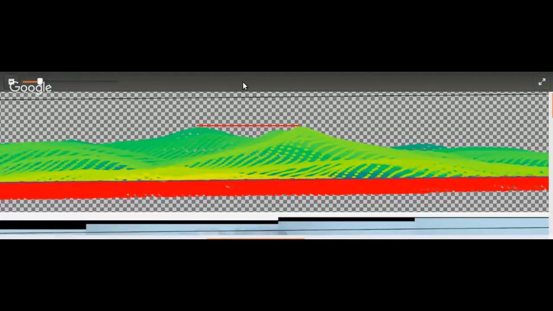So here's the refracted case. Tell me if the images change when I do this. No? This is going to be obnoxious.